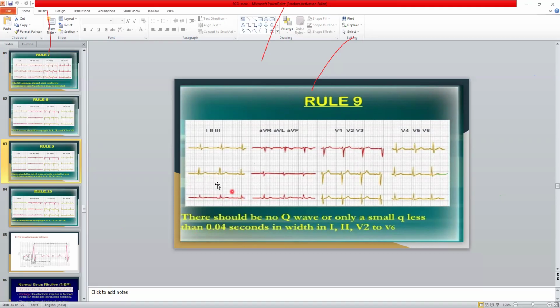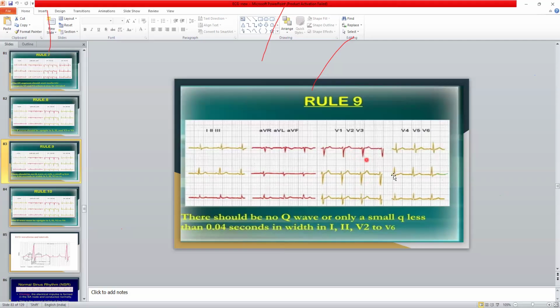Here the x-axis denotes the speed in seconds, and the vertical axis denotes the amplitude. So it should not be more than 0.04 seconds in width in lead 1, 2 and V2, V3, V4, V5 and V6.